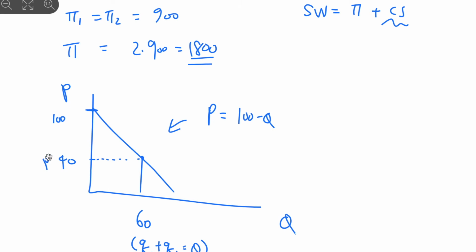That is the P star, or P1 equals P2. For all of the firms, we have the same price of 40.